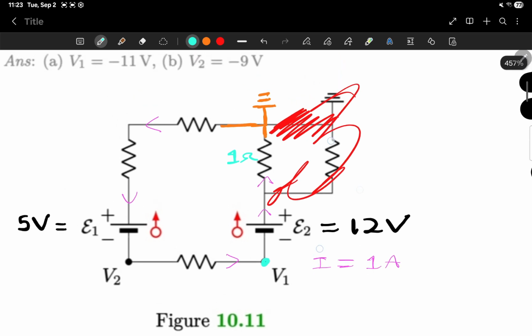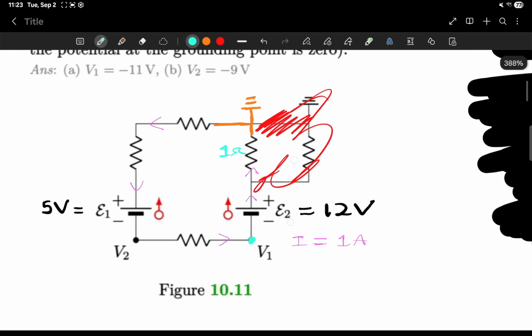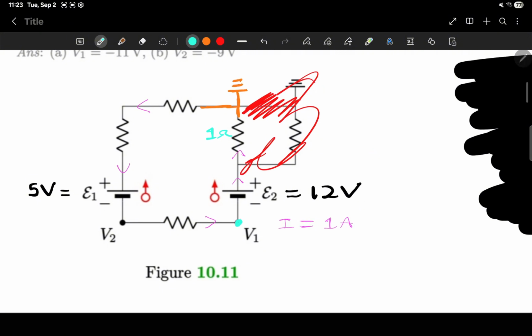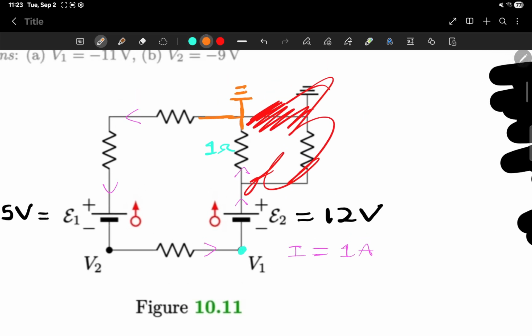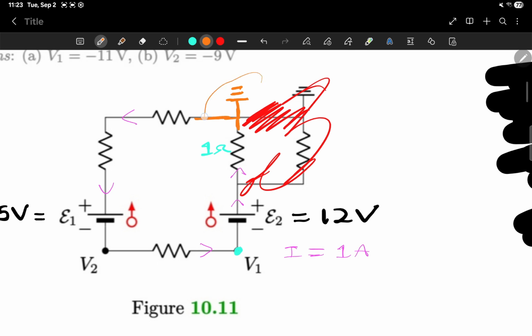To find the potential at this point, I'll focus on this part of the circuit exclusively. I'll start from here and I'll walk that way. I know that at this point the potential is 0, that's why. So I'm going in that direction and I'll reach here.